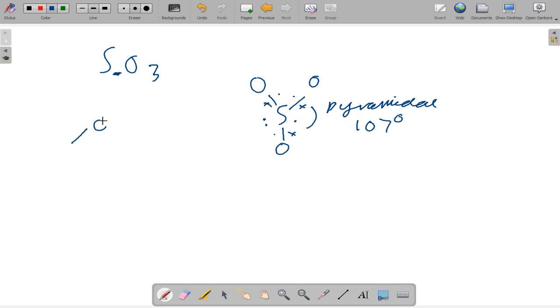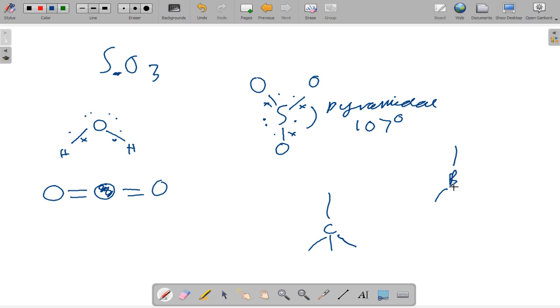Non-linear is when you have 2 lone pairs, always 2 bonded pairs. Linear, 2 bonded pairs, no lone pairs, just like carbon dioxide. Tetrahedral, 4 bonded pairs and no lone pairs. And trigonal planar, 3 bonded pairs, again no lone pairs.